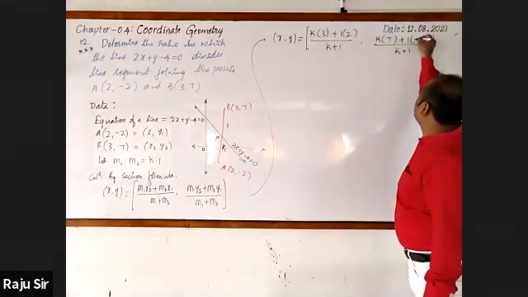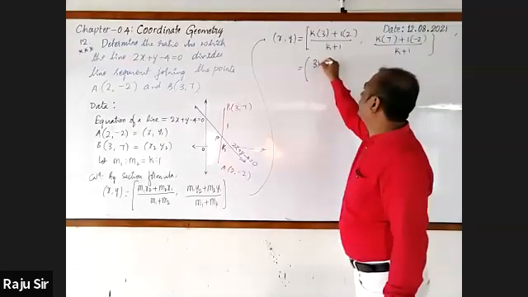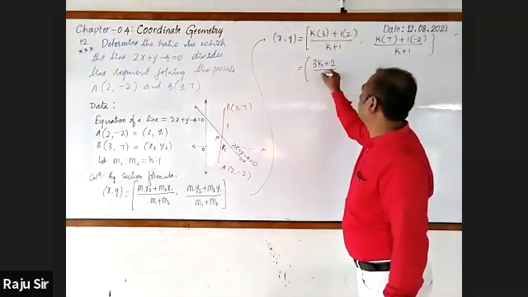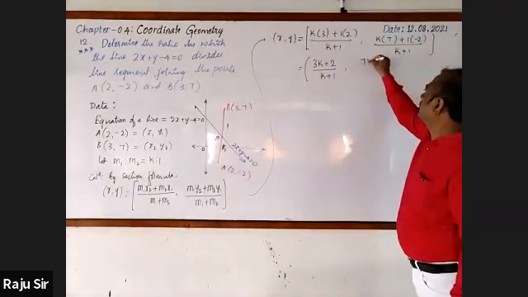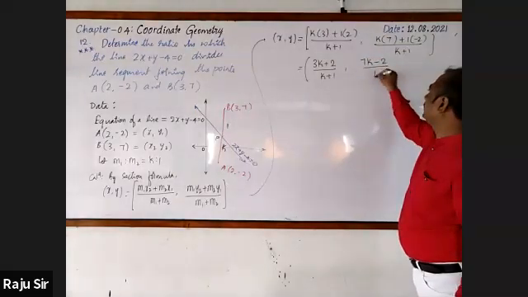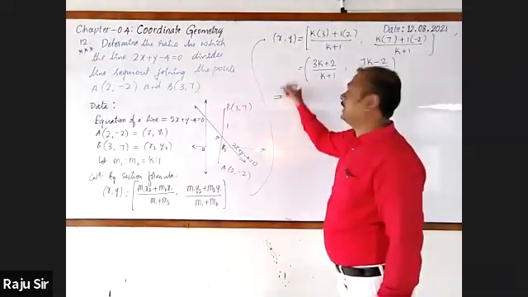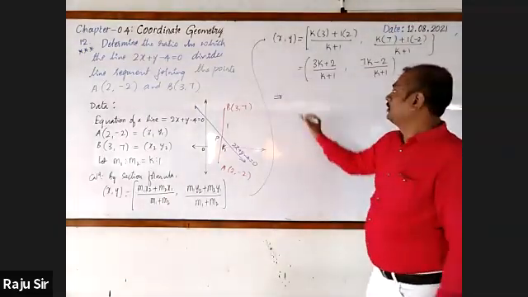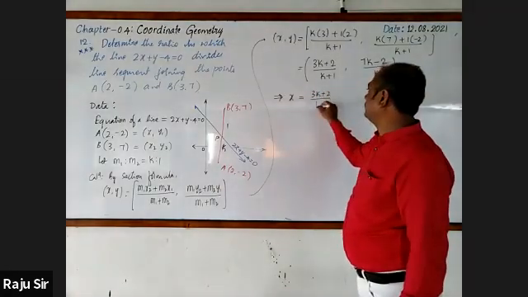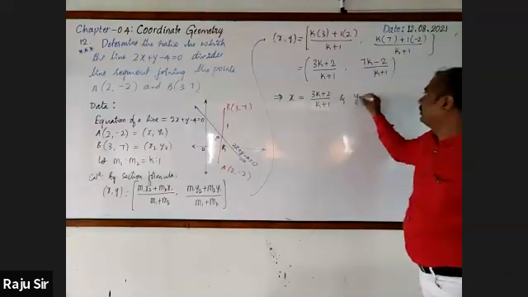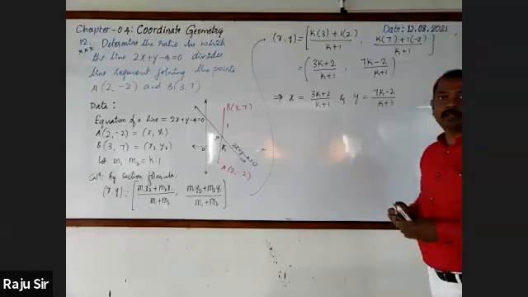It is equal to 3k plus 2 by k plus 1, and 7k minus 2 by k plus 1. So from this we can write x equal to 3k plus 2 by k plus 1 and y equal to 7k minus 2 by k plus 1.